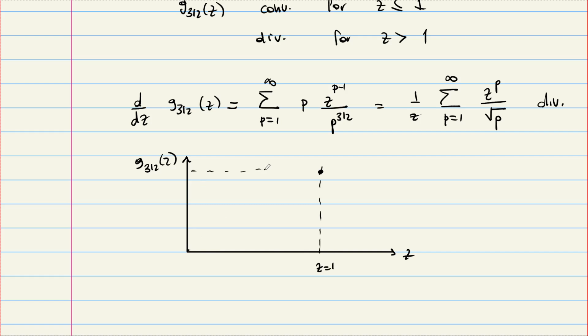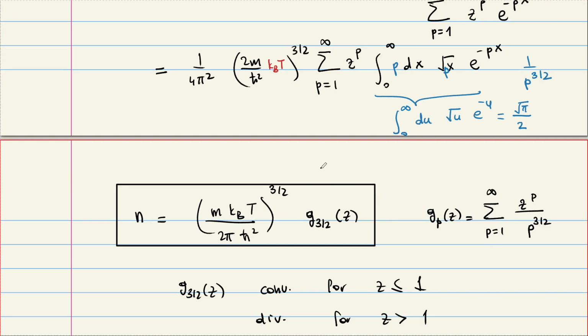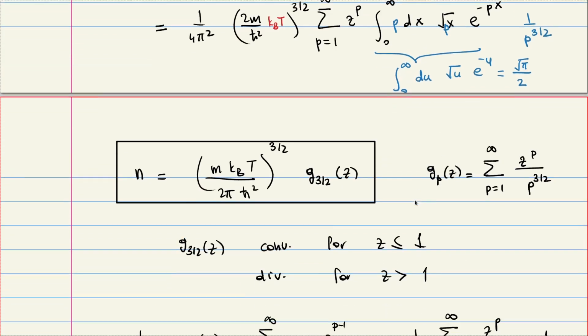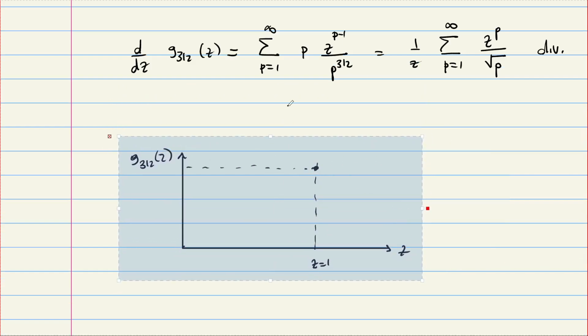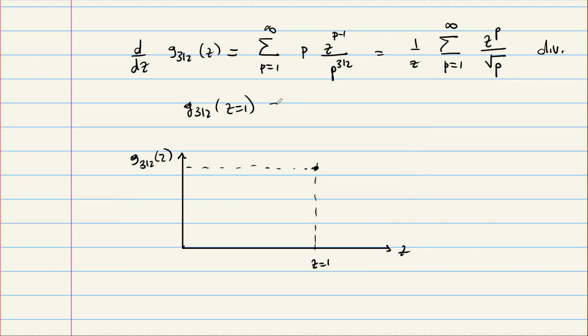Its value is the Riemann zeta function, ζ(3/2), which is 2.612, something like that. What happens is that it's increasing. At z equal to 1, it is finite, but its derivative blows up.